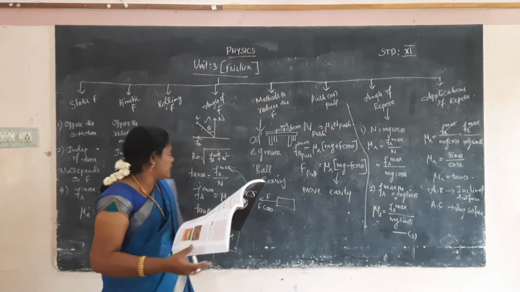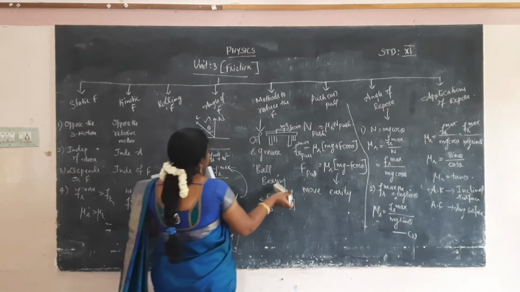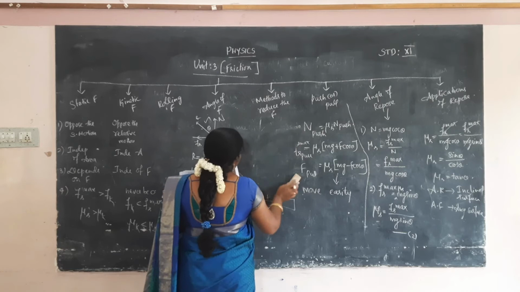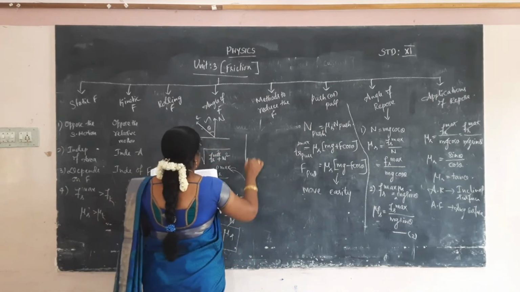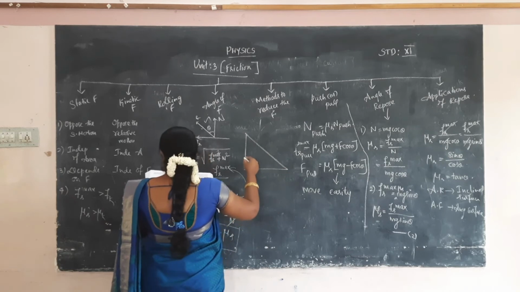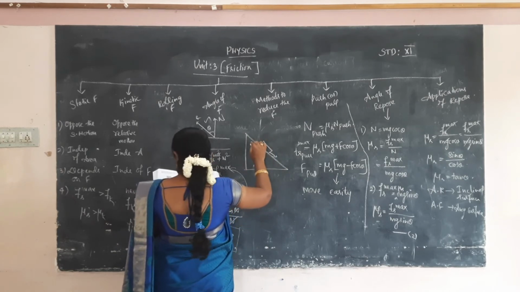That diagram will have one inclined line. The object will slide over the inclined line.